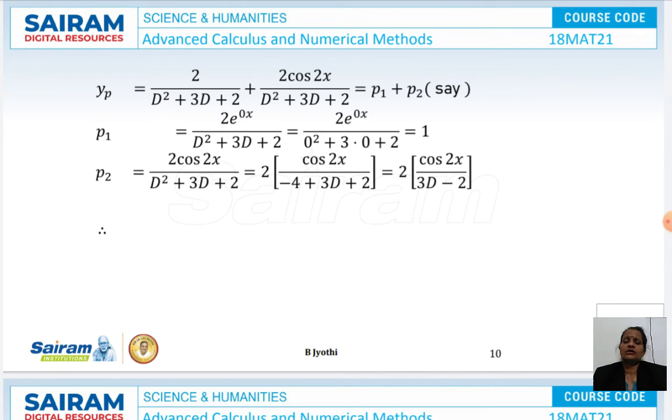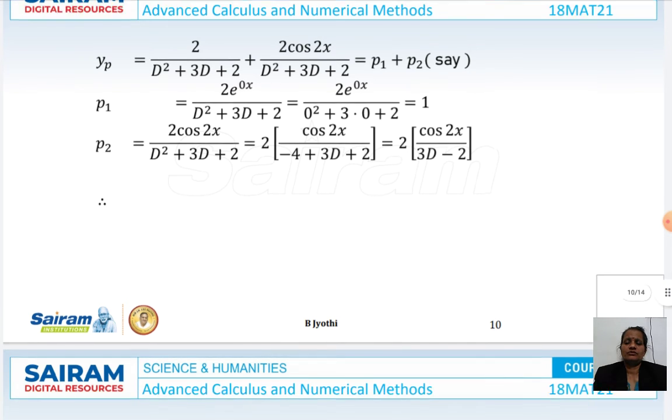And 2 is a constant which can be written as 2 e power 0x. So in e power 0x, wherever D is there, it is replaced with 0. So we get 2 by 2, that is 1. Next, coming to P2, 2 cos 2x divided by D square plus 3D plus 2, which gives us cos 2x divided by 3D minus 2.